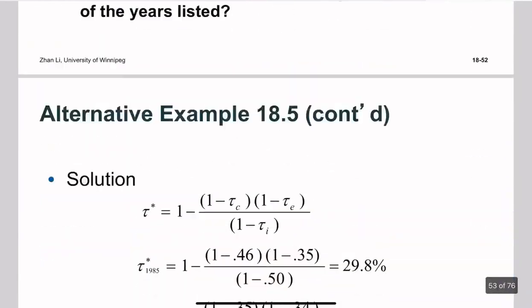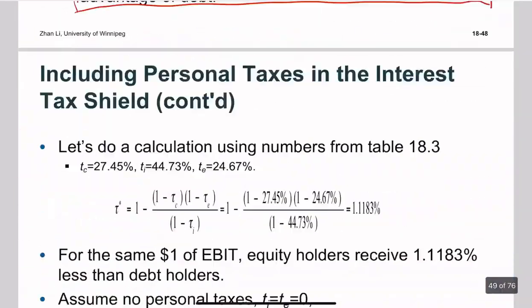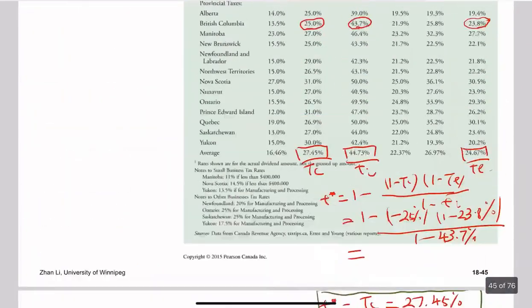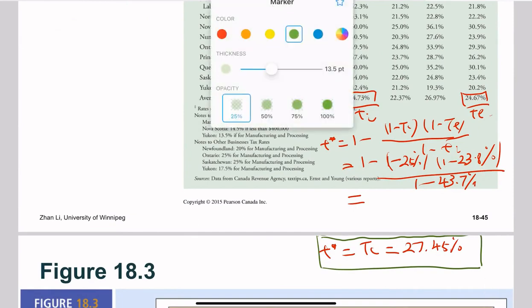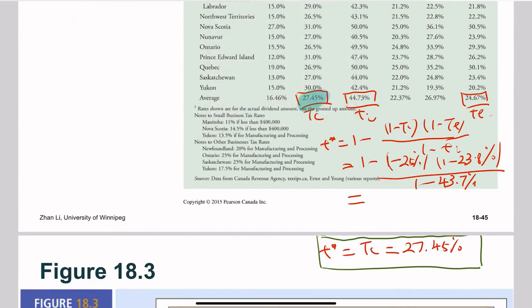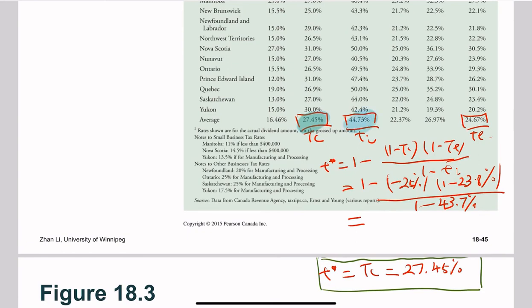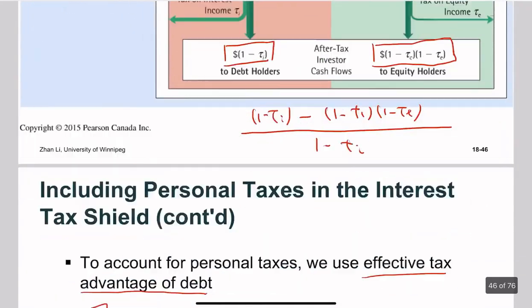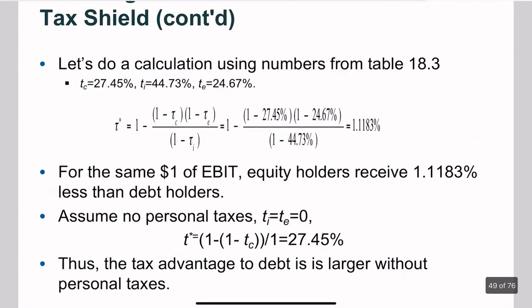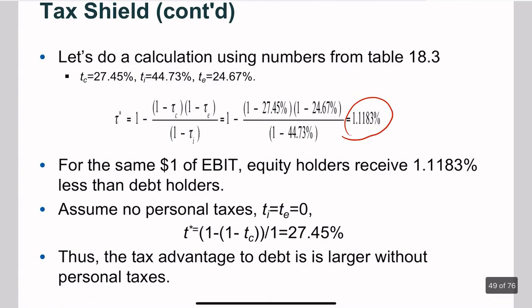So basically we will use this number as the corporate tax rate, this number as the tax rate on interest income, and this tax rate as the rate on equity income. So after plugging these numbers, we will find out the answer is actually 1.1183.